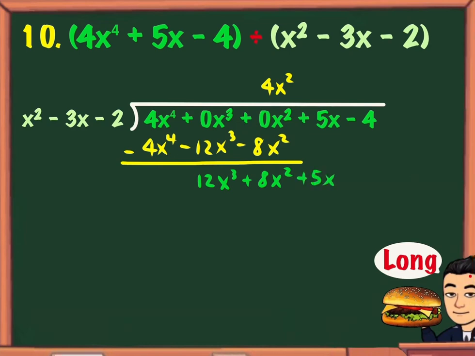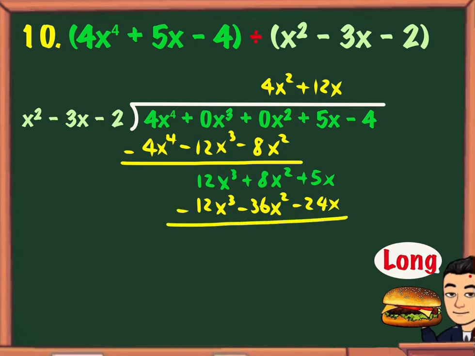In order to get rid of the 12x cubed, we multiply by positive 12x. So we have 12x cubed minus 36x squared minus 24x. So if you subtract it, you're going to get 44x squared plus 29x.